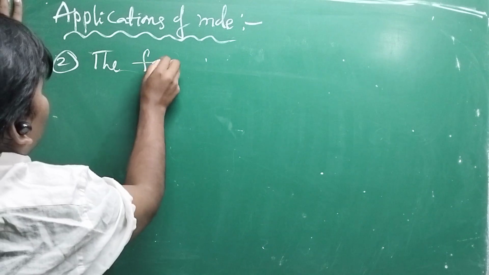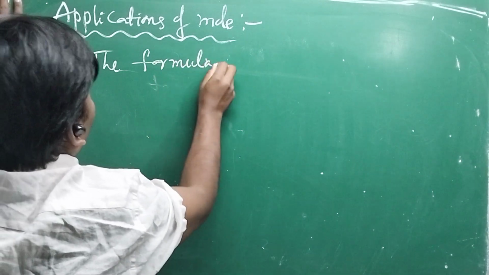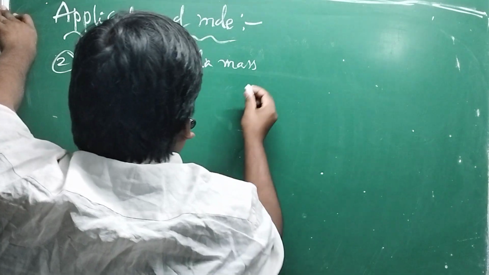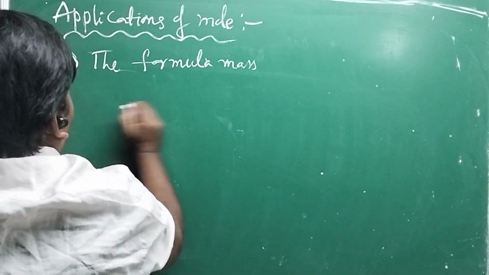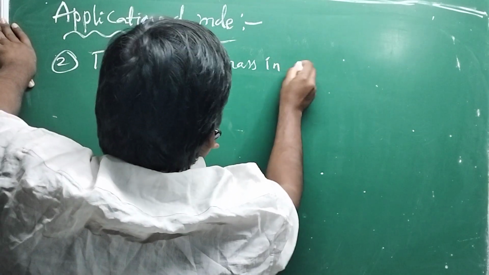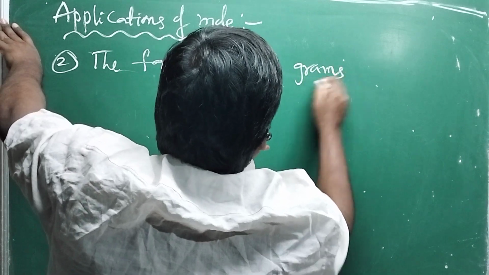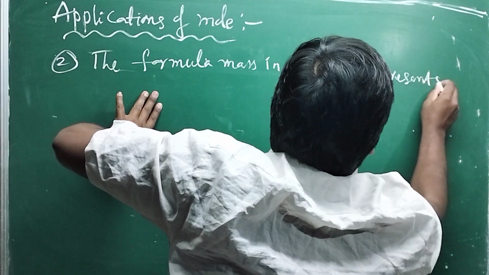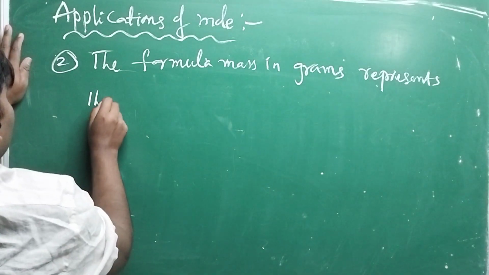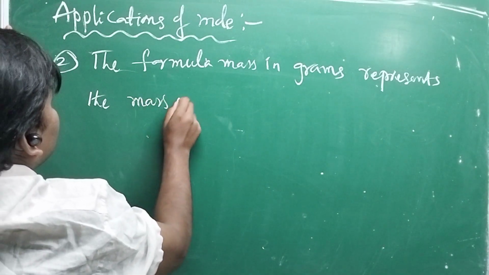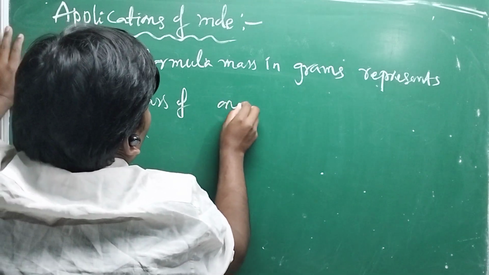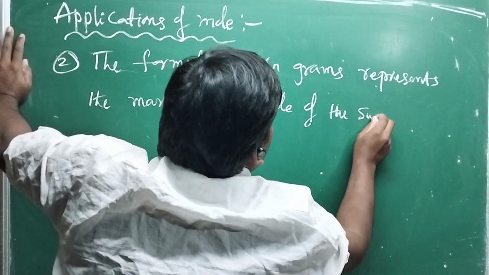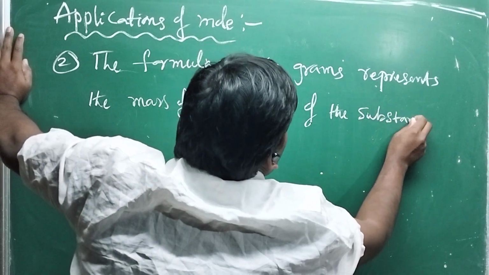What is the formula mass? The formula mass in grams represents the mass of 1 mole of the substance.